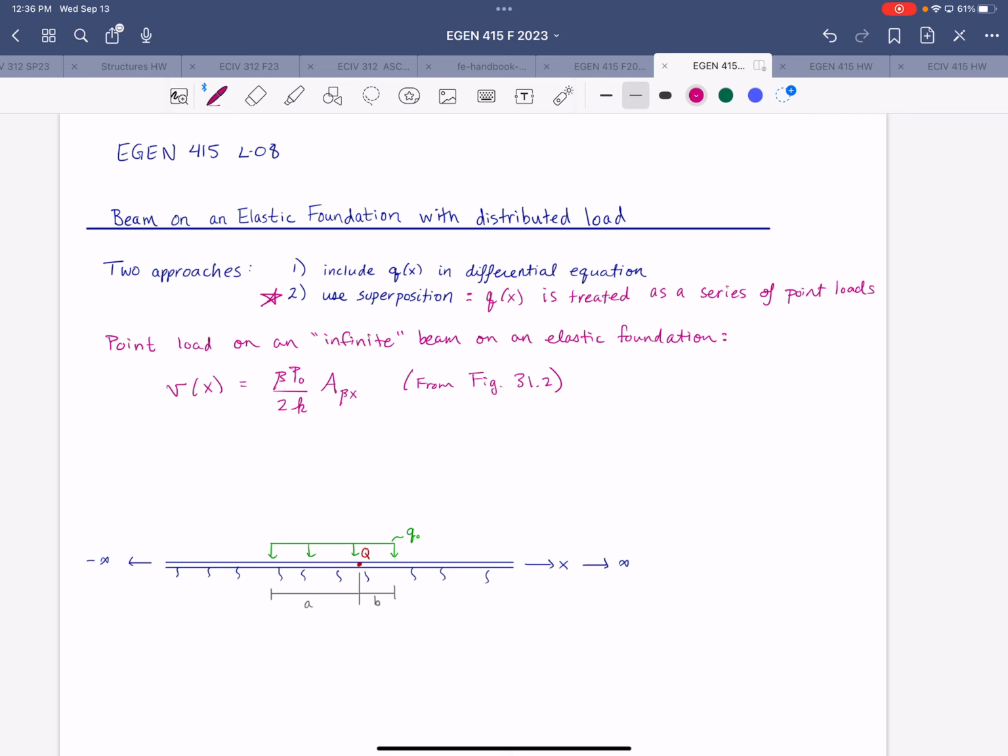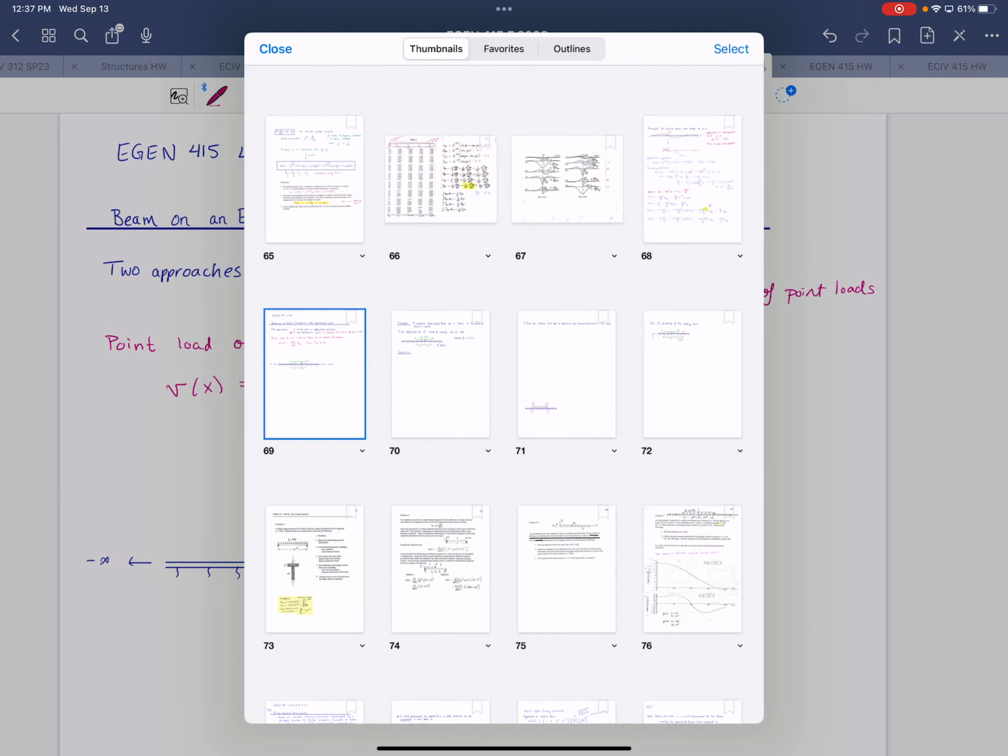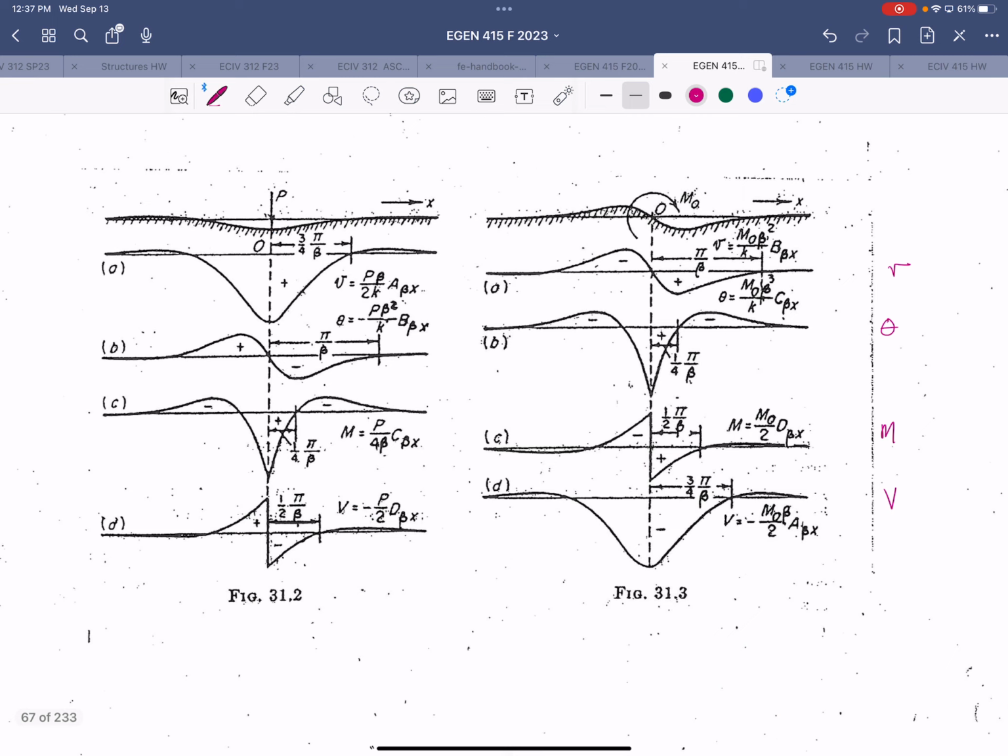A couple pages back, this one right here, we have a point load on an infinite beam on an elastic foundation.